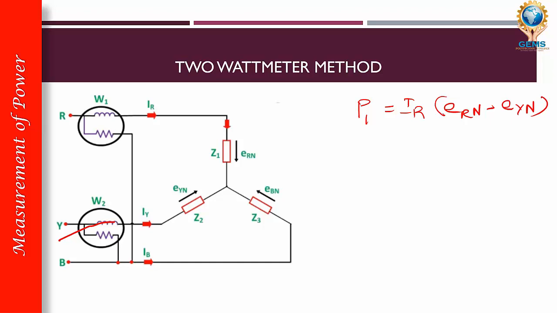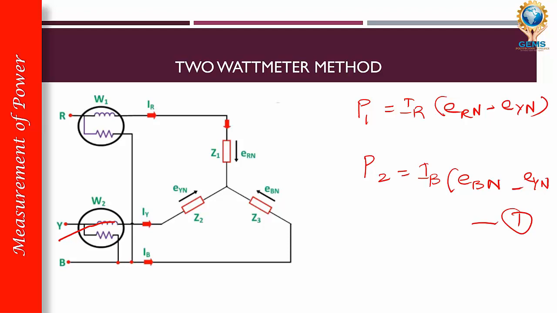Similarly, how do I write the power equation for wattmeter 2? It is nothing but IB into EBN minus EYN. I'll name this equation 1. This is the power equation for wattmeter 2, and this is the power equation for wattmeter 1. Now, what is P1 plus P2?